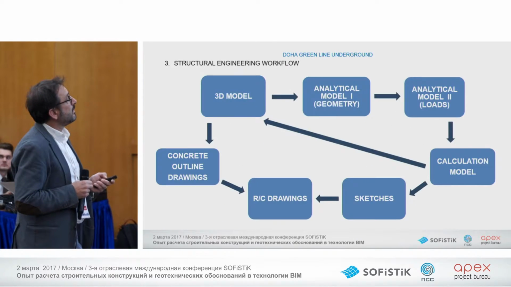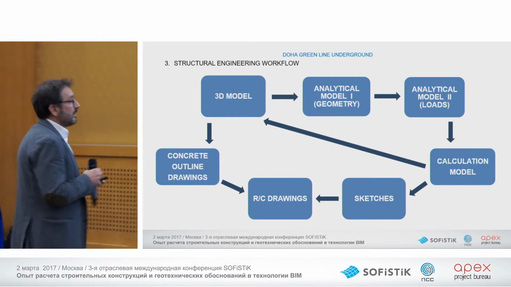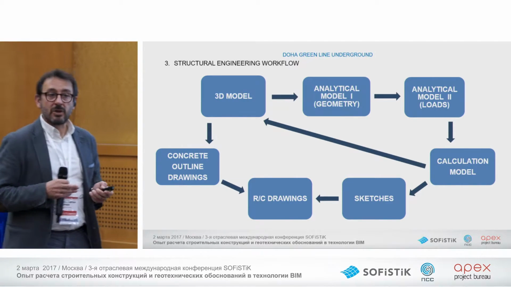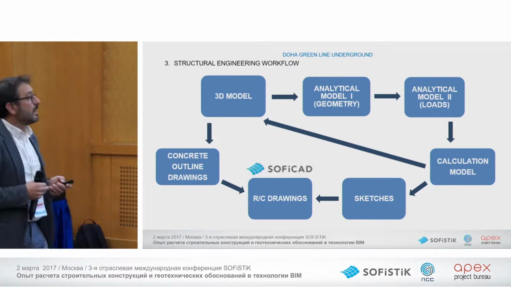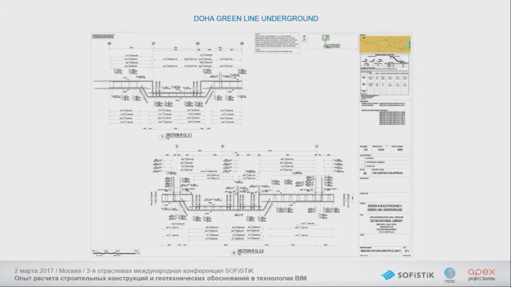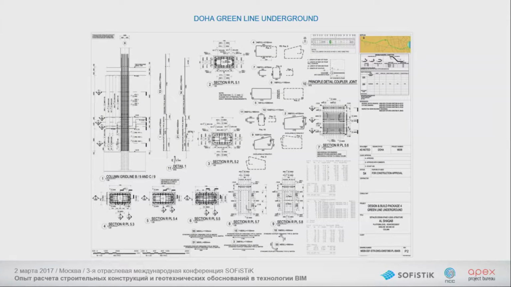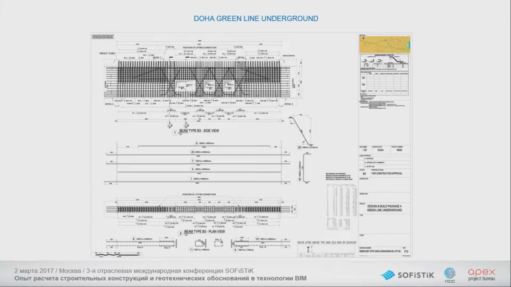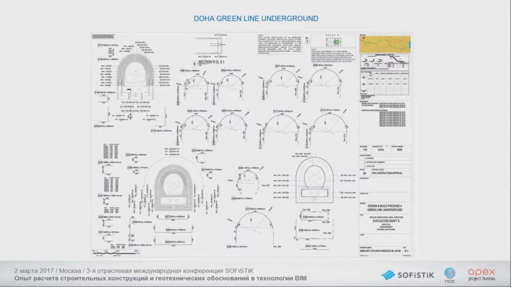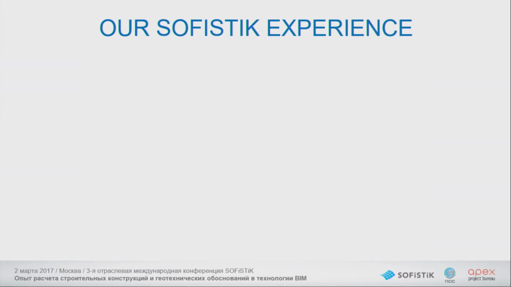Beams, and okay, this is the final step of one design. The RC drawings. After the sketches, we draw with SOFiCAD. We draw the final drawings to be given to the client. So this is the final level of detailing we have in the drawings for the Doha Metro.